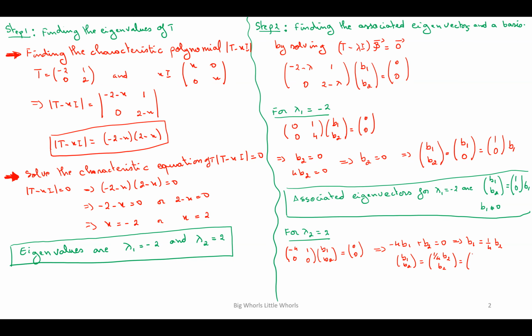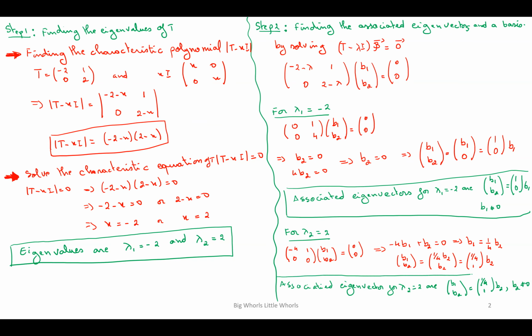This is going to be equal to 1/4, 1 here, and b2. Therefore, the eigenvectors associated with lambda 2 equals 2 are (b1, b2) equals (a quarter, 1) times b2, such that b2 is different from 0.